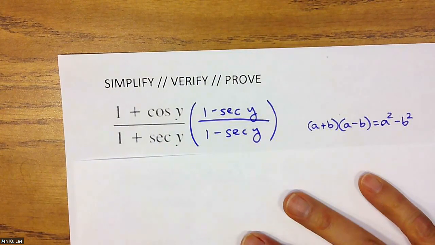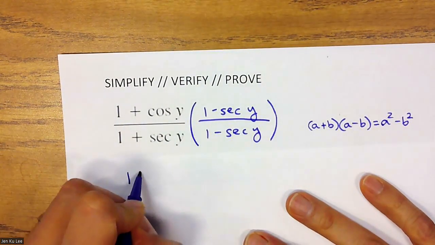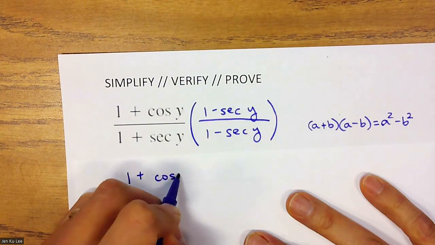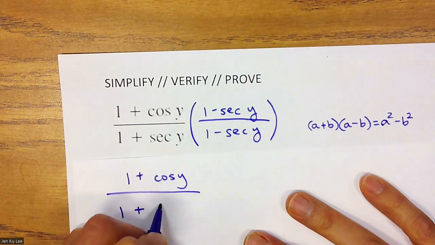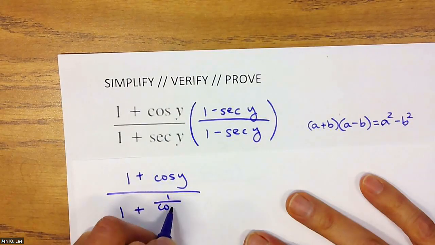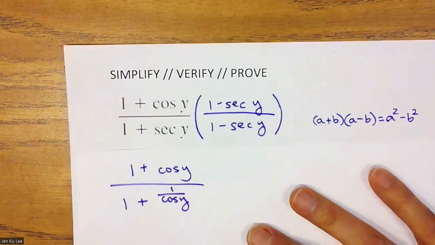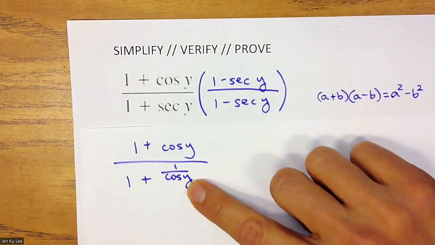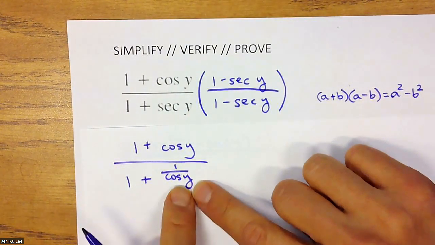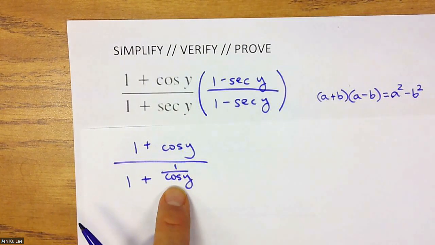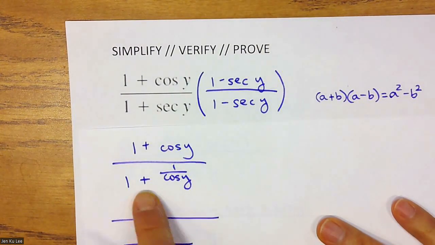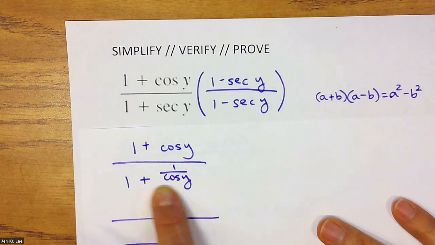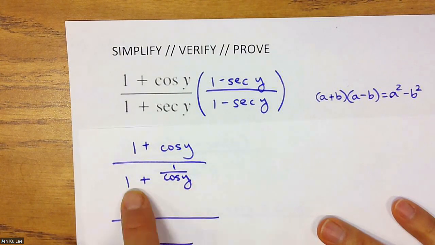Maybe my first instinct of changing everything into sine and cosine was correct. Right? Secant is 1 over cosine. Now I see a fraction here. So I'm going to put it all under 1. What is the common denominator between cosine and 1?